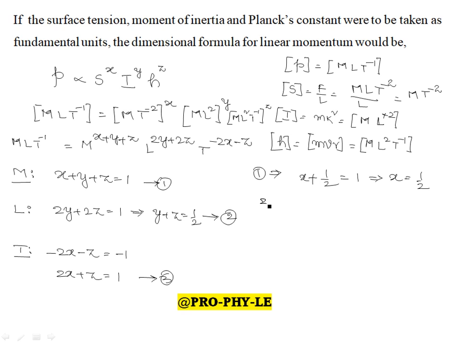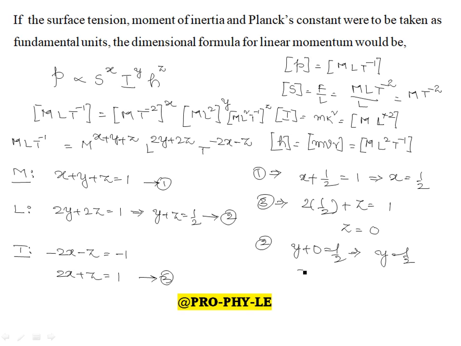So it will be 2 into 1 by 2 plus z is equal to 1. So z will be equal to 0. And now I will substitute this z in equation 2. So y plus 0 is equal to half. That implies y will be equal to half.